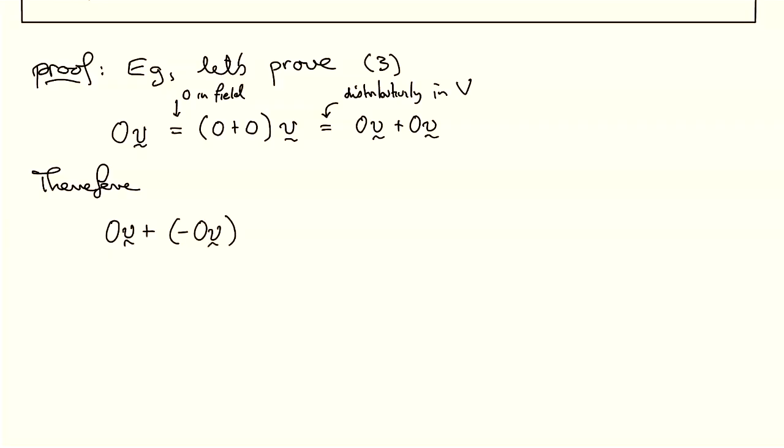That's the additive inverse. That's 0 by field axiom. Vector space axiom. That's the 0 in the vector space. Well, it's actually the additive inverse.